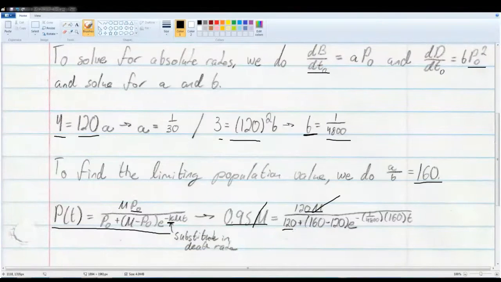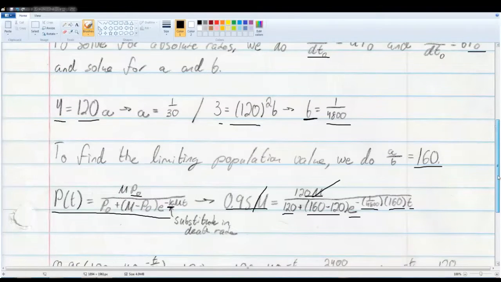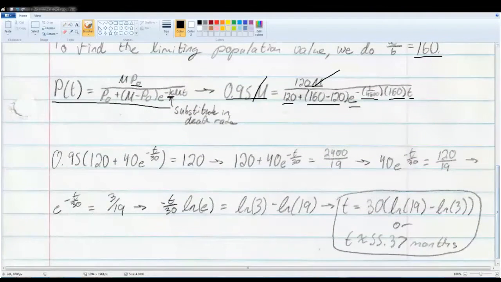Then we have initial population plus carrying capacity minus the initial population times e to the negative rate times the limiting times the carrying capacity times t. In this case, we're solving for t. When are we going to reach 0.95 of the limiting population value? That's basically what I did here.